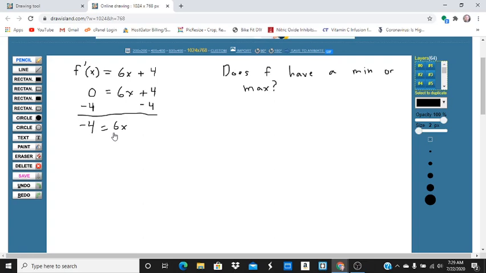So negative 4 over 6 is going to be negative 2/3. So the answer here is going to be at negative 2/3.